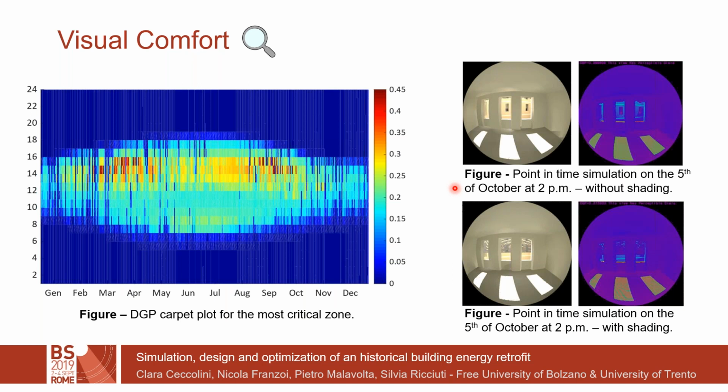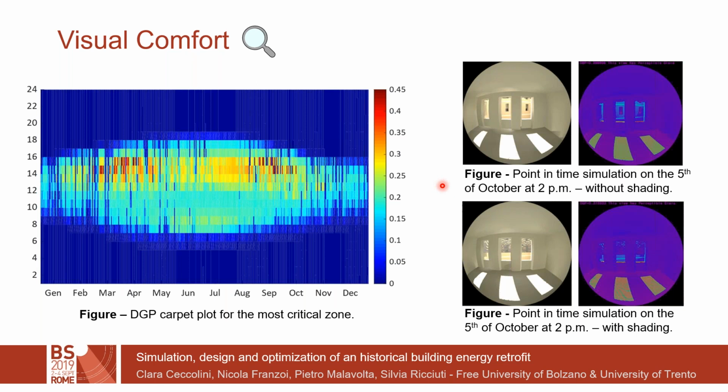For this case, the most critical period is the 15th of October at 2 p.m., in which we detect a DGP value of 0.4, so perceptible glare. Even if the glare in this worst case is little and present only for a limited time, we explored the usefulness of shading device.